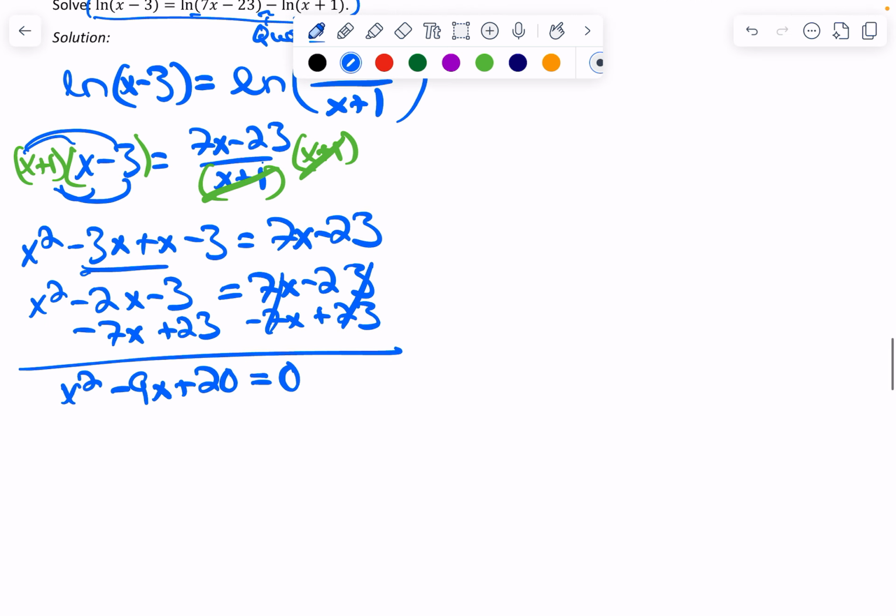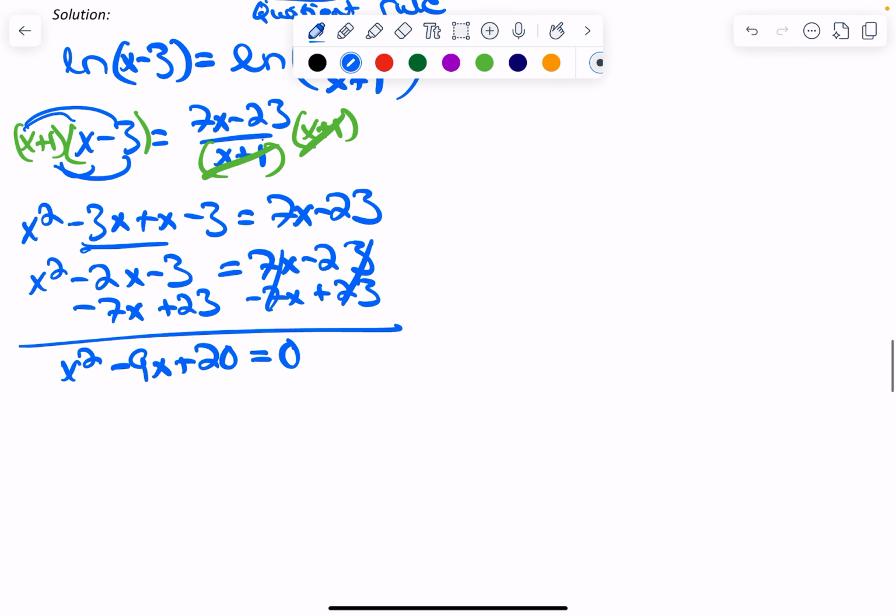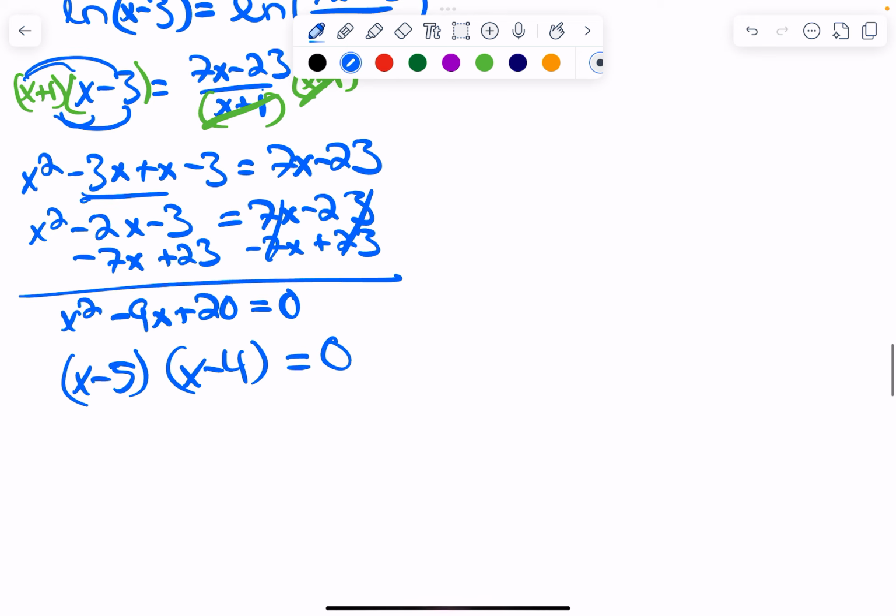Factoring comes in handy again. To factor this quadratic equation, we have x minus 5 and x minus 4 equals 0. So x minus 5 is 0, or x minus 4 equals 0, x equals 5, or x equals 4.